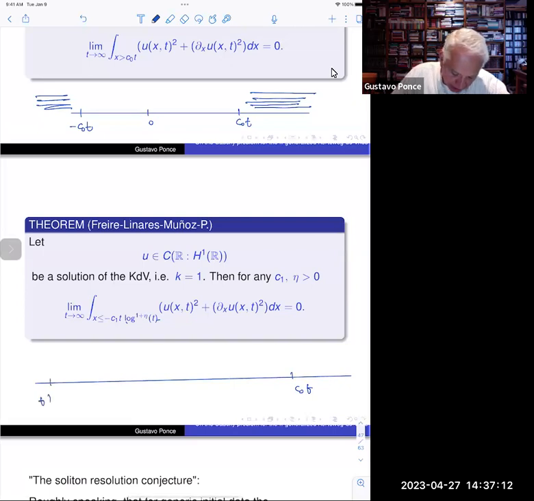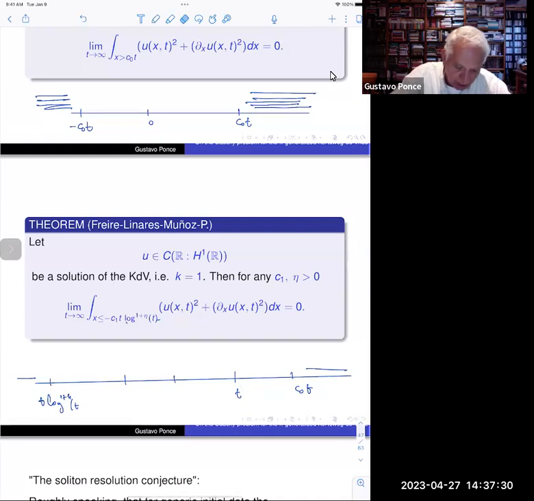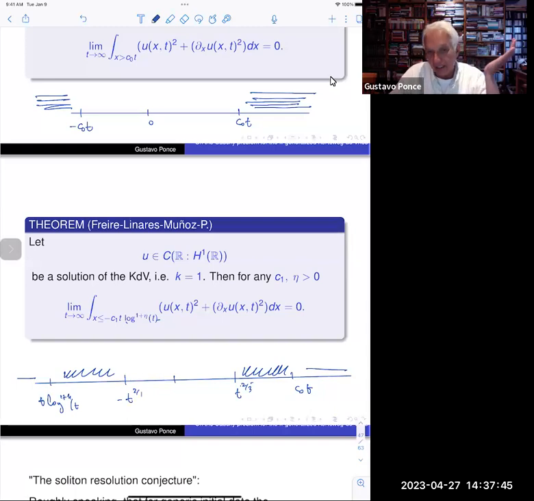This one, t log of 1 plus x, you don't see anything here. And depending on what you want to believe, let's put 2/3 here. Two-thirds minus. Then all the L2 norm has to be here. And if you are in the case of the KdV, it should be only here. You don't have anything moving to the left.